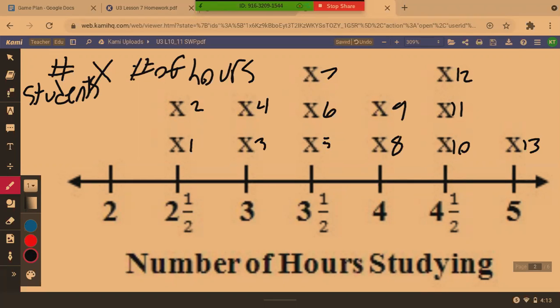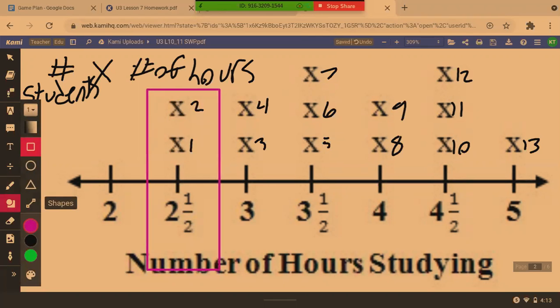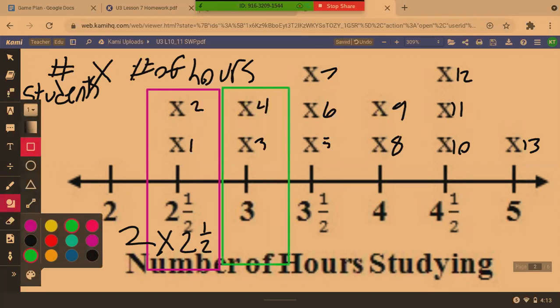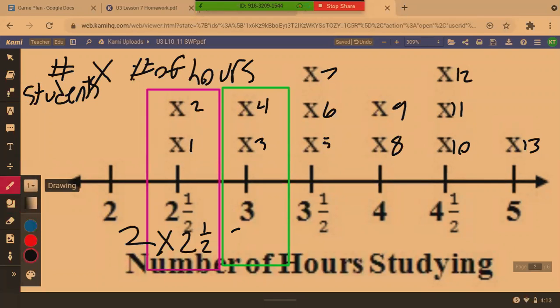So we're going to do, for this category, we would do 2 students times 2.5 hours. And then for this category, we would do 3 times, oh, I need to switch my order so that we stick. 2 students times 3 hours. And we do that all the way through.